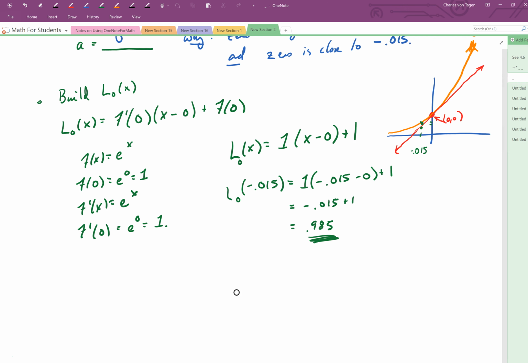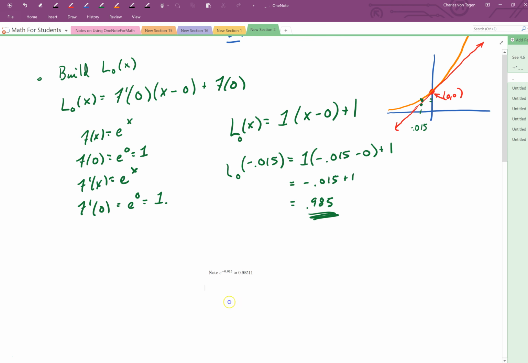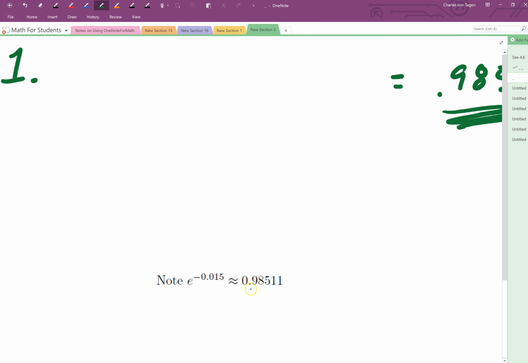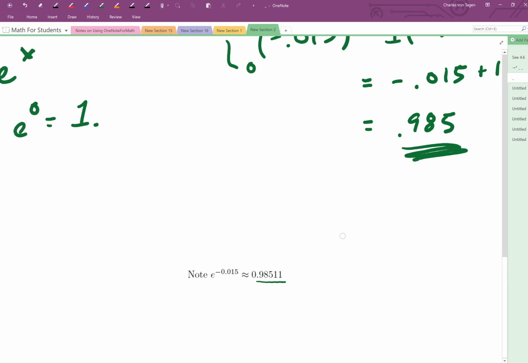And let's compare that to the actual value. The actual value is about 0.98511, and so you can see, again, we're accurate in this case to within a thousandth of the true answer.